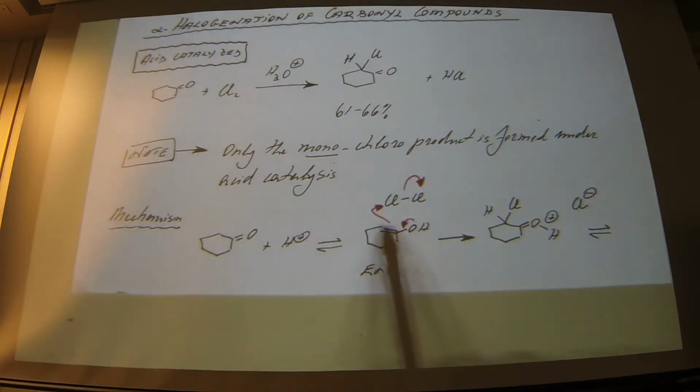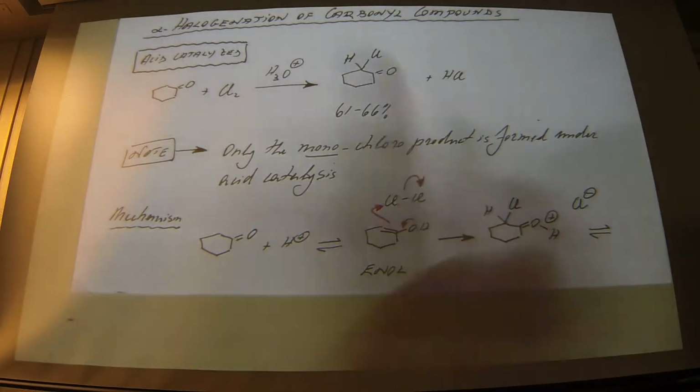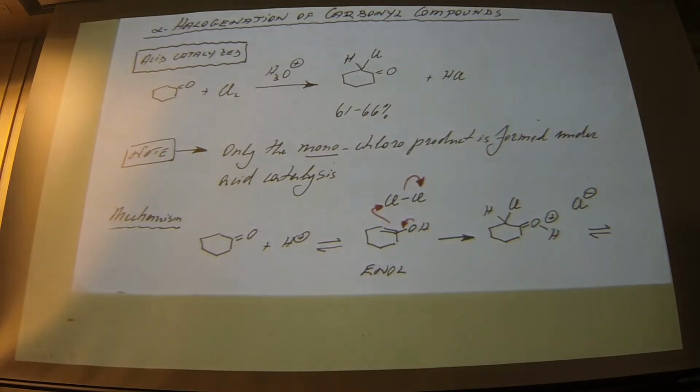And so I can push the red arrows and show how I chlorinate that carbon atom. So this carbon atom, which had one hydrogen attached, now has a chlorine. I have a protonated carbonyl and chloride. Of course, this is an equilibrium with the product.